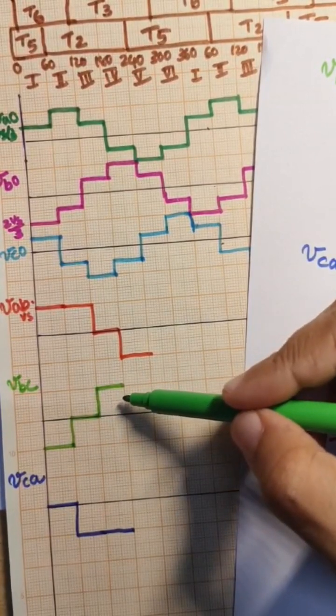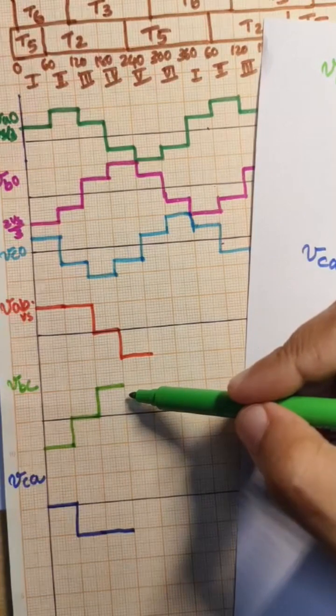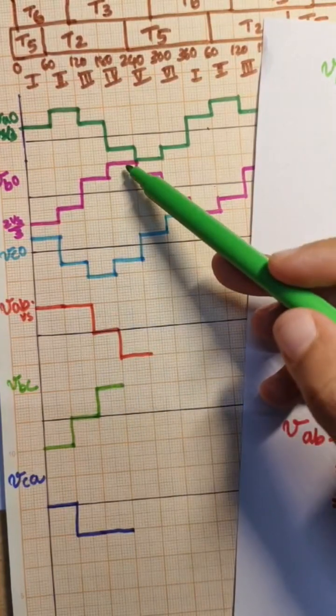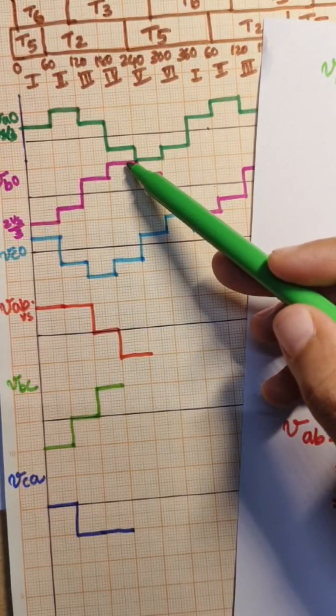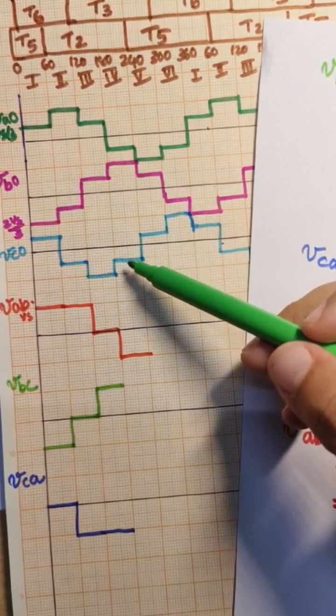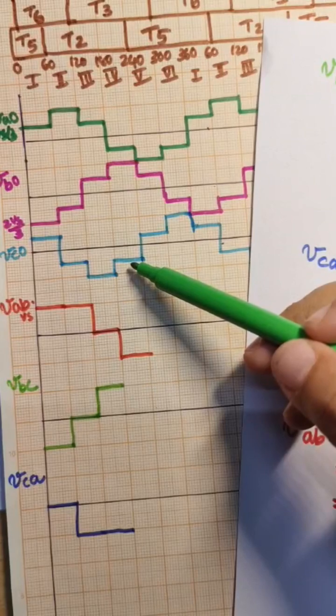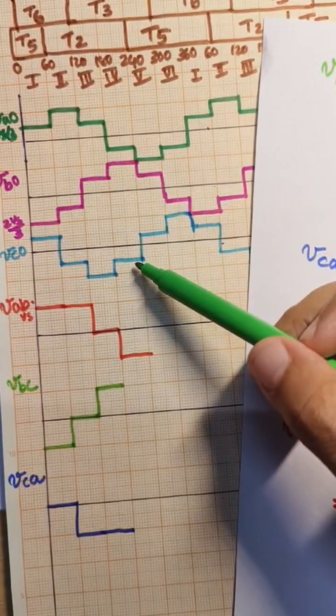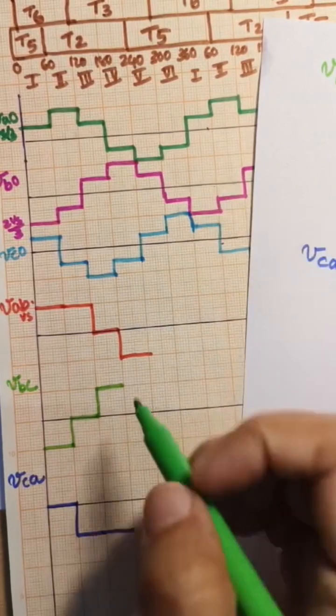VBC is equal to VBO minus VCO. Where is VBO? Here is VBO. VBO is 2 Vs by 3. 2 Vs by 3 minus minus Vs by 3, so 2 Vs by 3 plus Vs by 3 is equal to Vs.